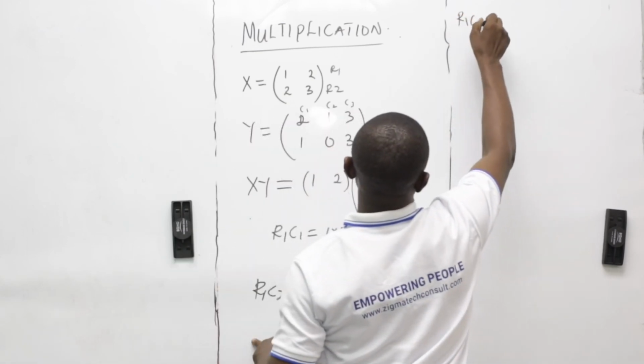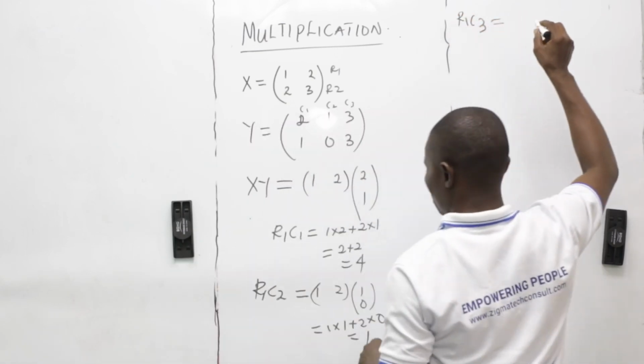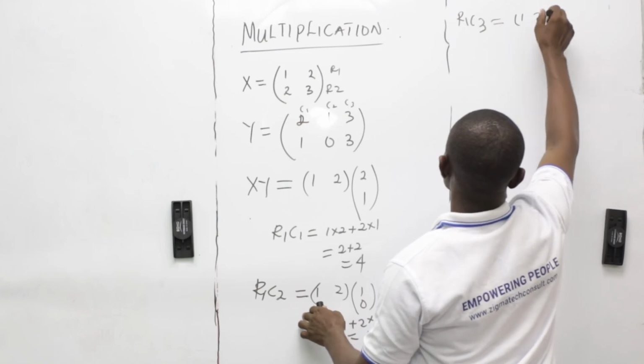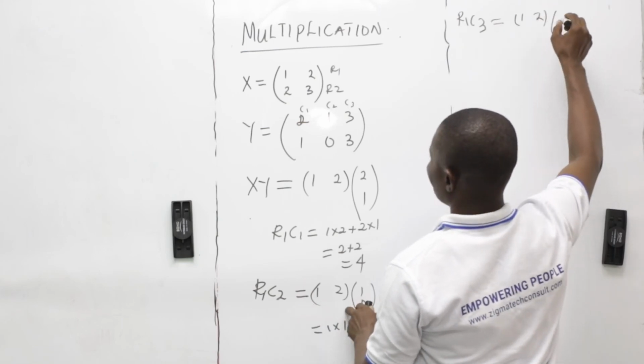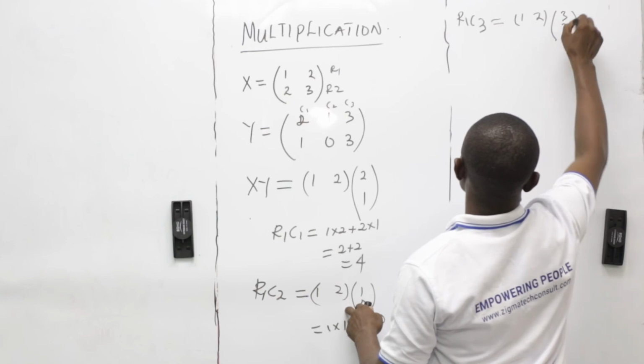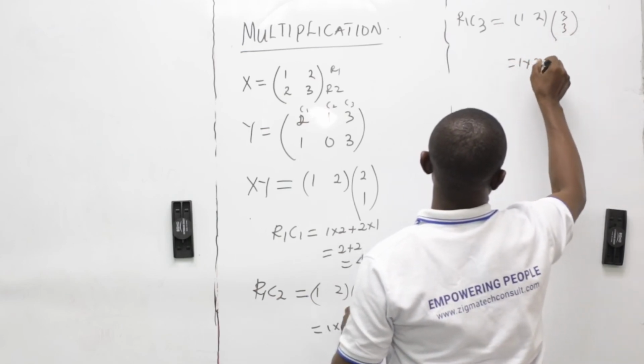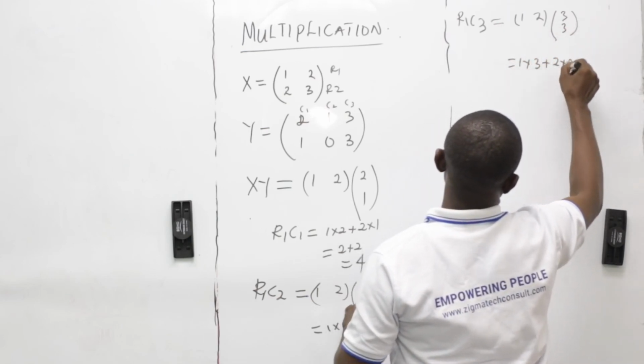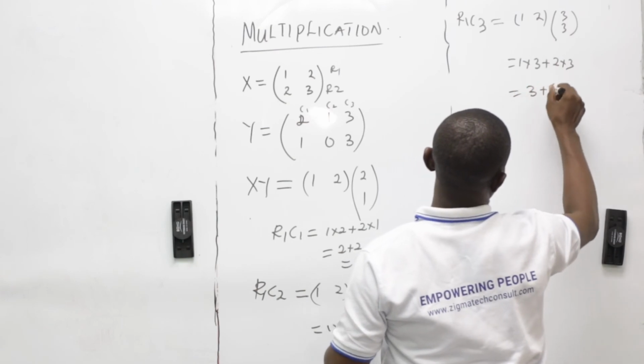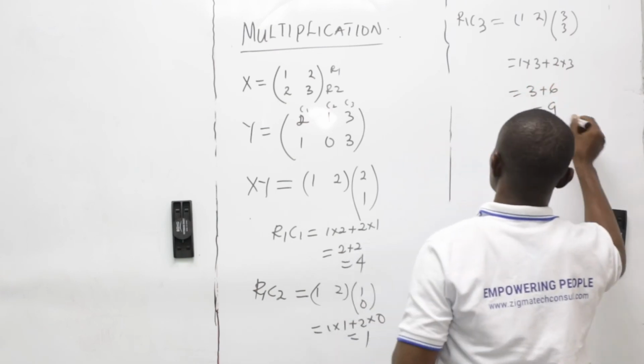Row 1, column 3 equals 1, 2 against 3, 3 to give us 1 times 3 plus 2 times 3 equals 3 plus 6 is 9.